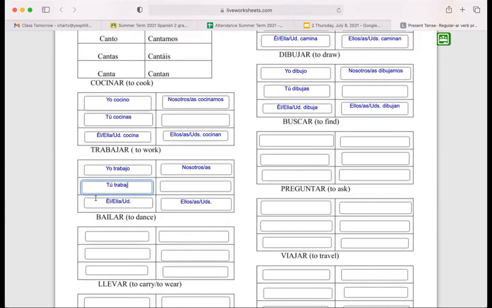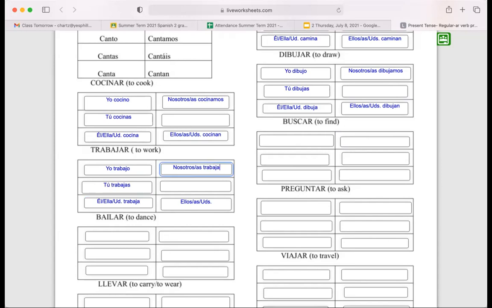For the next one, tú, what do we add in the tú form? AS. Yep. So tú trabajas. So in the él, ella, usted form, we add to the end, an A. Yep. So it's trabaja.